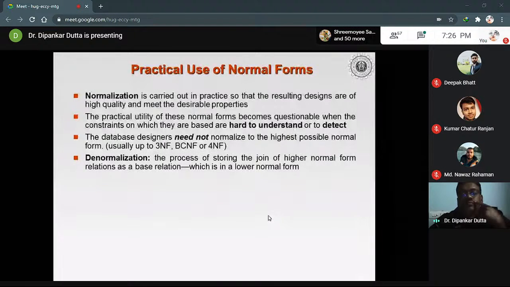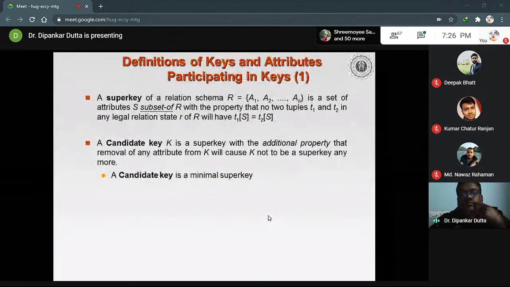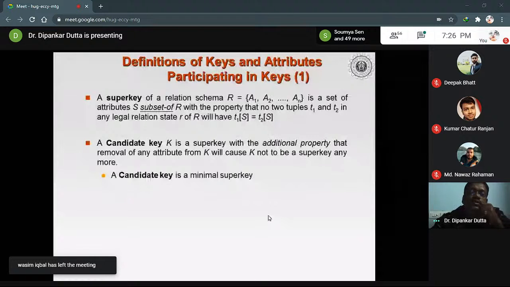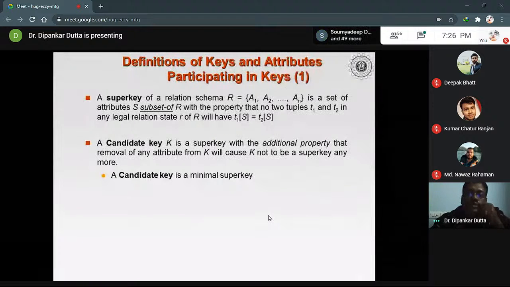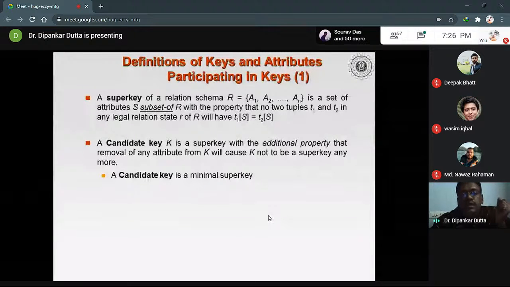So now see the definition of super key. A super key is defined in a relational schema R. In the relational schema, we are having n number of attributes, A1 to An. A set of attributes S that is a subset of R with the property that no two tuples t1 and t2 in any legal relation state r of R will have the same value for those attributes, t1[S] equal to t2[S].